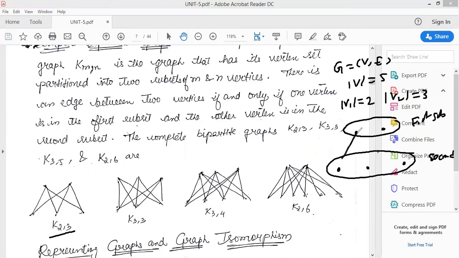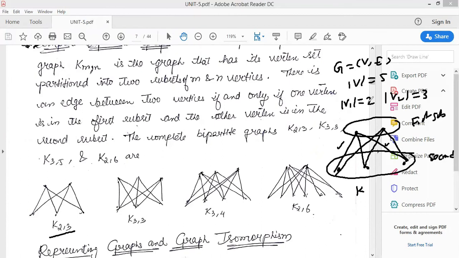I am drawing the edges here: between each vertex in the first subset and each vertex in the second subset. If you take any edge, one vertex is in the first subset and the other is in the second subset. This type of graph is called a complete bipartite graph.